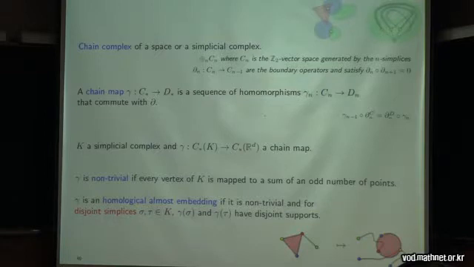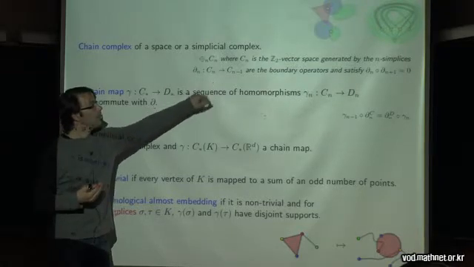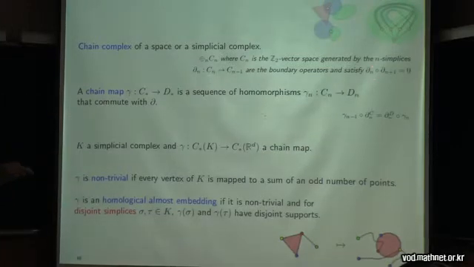Okay, this is a chain complex. What we want is to add some linear operators here that satisfy this condition. Okay, it's called a boundary operator. And then we're going to look at a chain map, which is a way to map your complex so that it commutes with the boundary. Okay, so everything is fairly combinatorial so far.